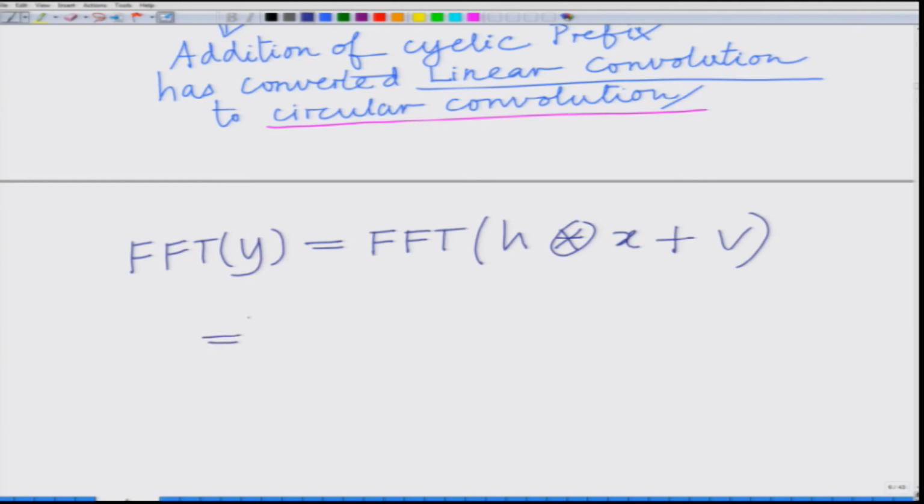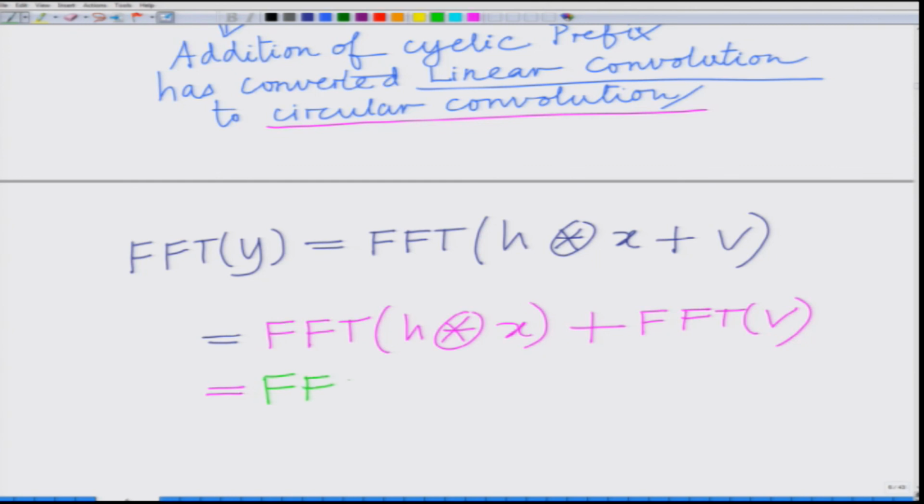The FFT operator is linear, so that is the FFT of H circularly convolved with X plus the FFT of V.